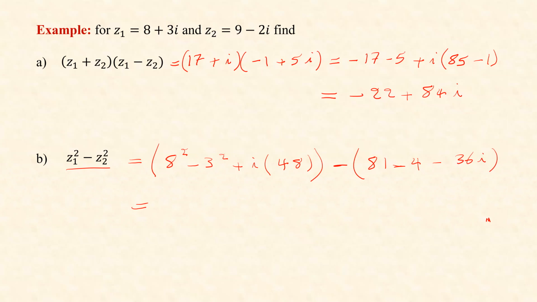So if you subtract, you get 8 squared minus 3 squared is 64 minus 9 will be 55. 55 minus 81 is the real part, plus I times 48 plus 36. So 55 minus 81 is 22, is that? No.